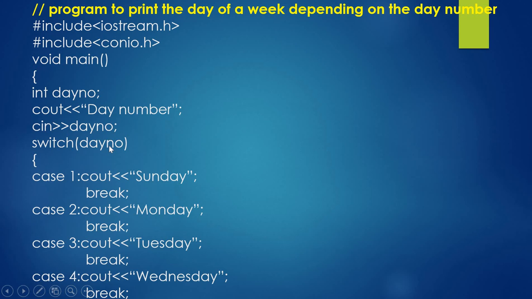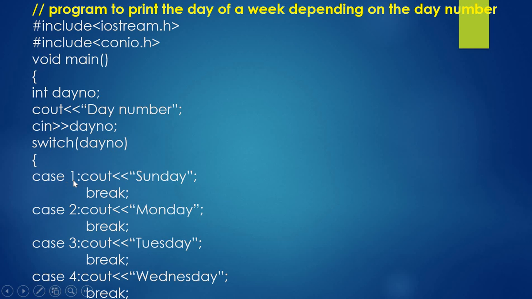If you are giving this day number as a character, then you have to give this label 1 as a character. The data type of the expression will be the data type of the label also. Here 1 is an integer, day number is also an integer. 2 is also an integer.